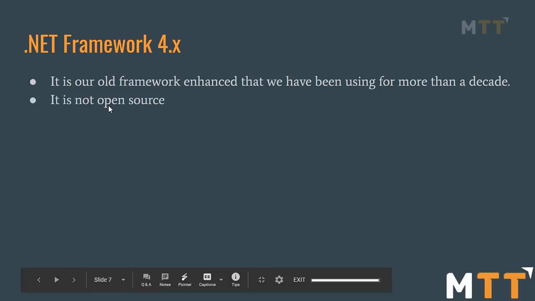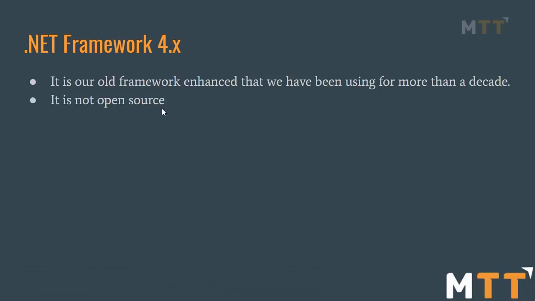It is not open source. This is the important point. Not open source means you cannot see the source code of .NET Framework. So how they have developed, what is the programming behind Console.WriteLine, what is the programming behind Console.ReadLine, what are the various class libraries and how they have coded those class libraries, you cannot see that. It is not open source. So its source code is not available.